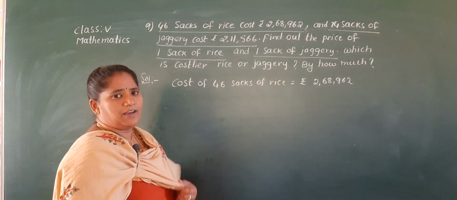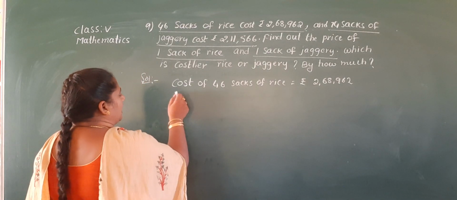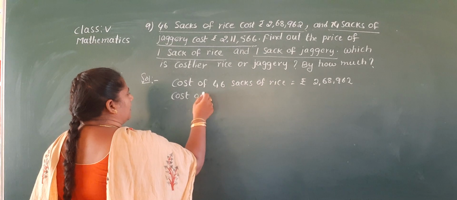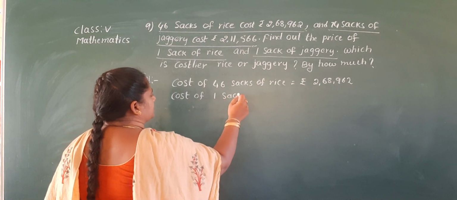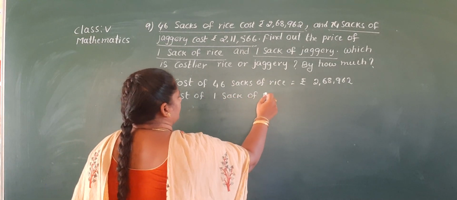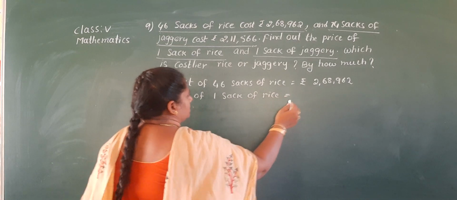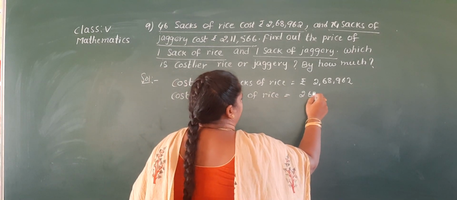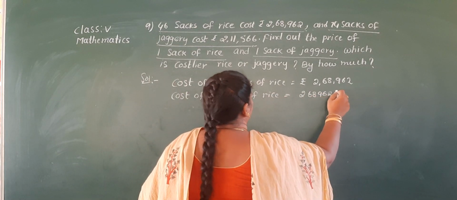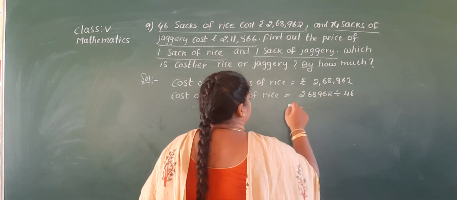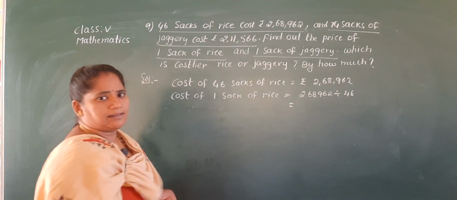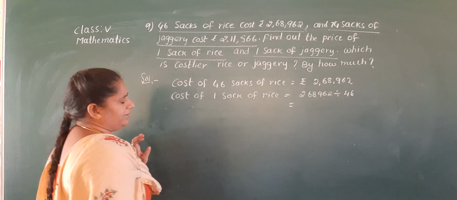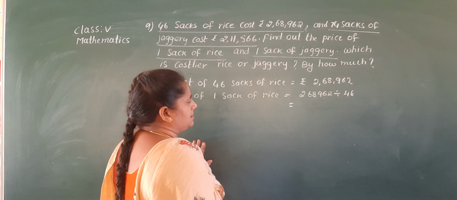So now we have to find cost of 1 sack of rice. So 2,68,962 is divided by 46, then we can get this answer. Okay? So we do the divisions side, children.